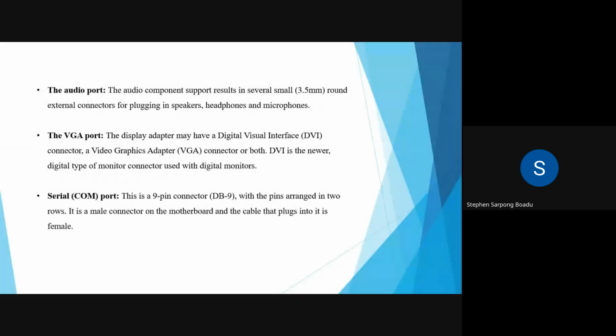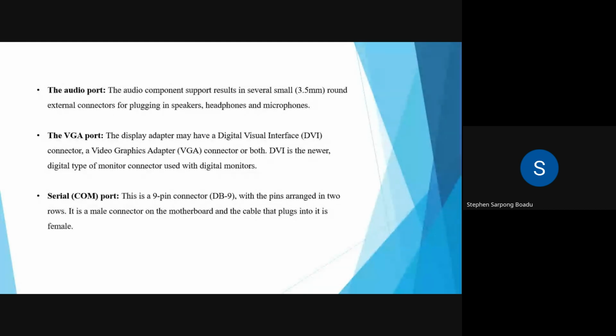In the olden days, we were using the VGA, which is actually analog, but most computers are digital now, so we use the DVI. If you want to connect your PC to a monitor or a projector, the VGA port was what we used at first, but now we use the DVI port, which is digital.